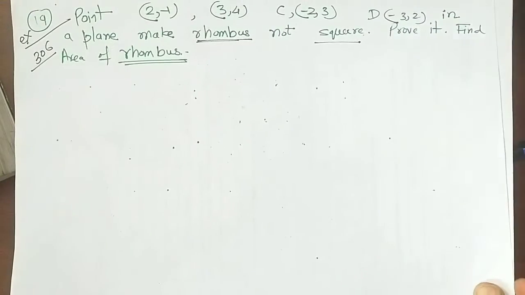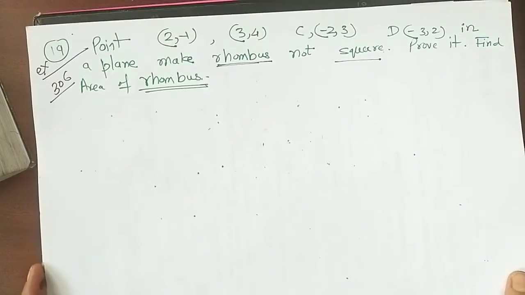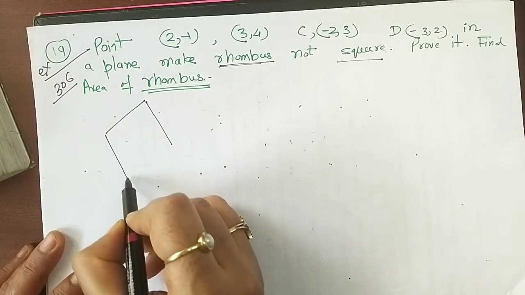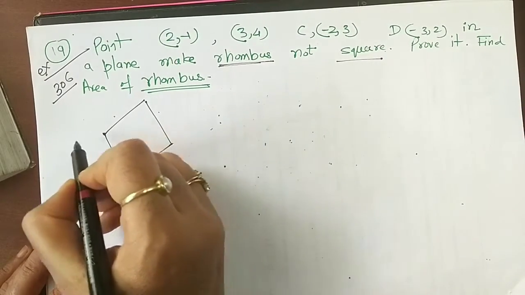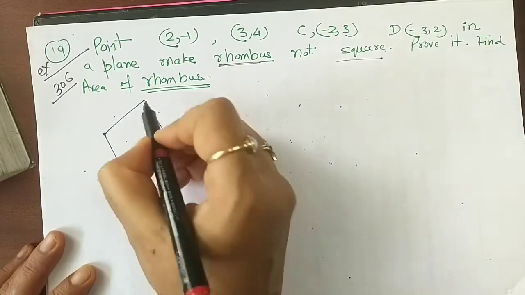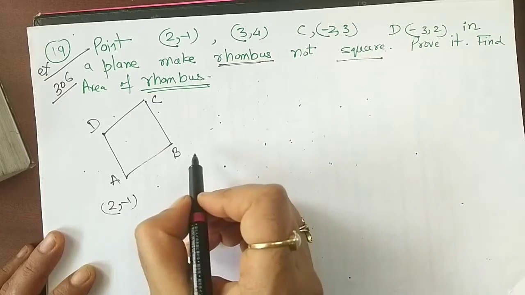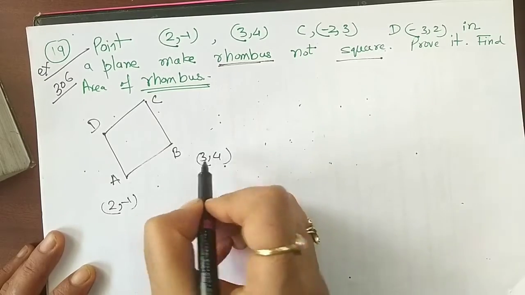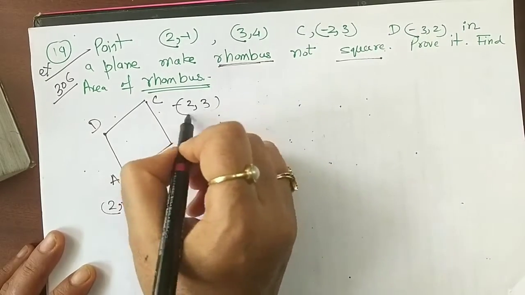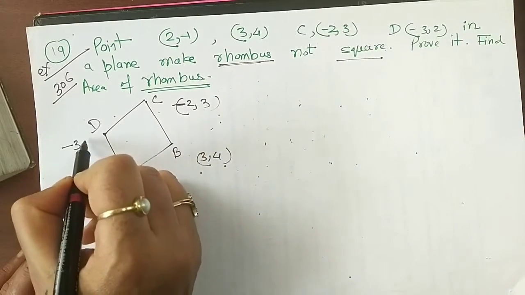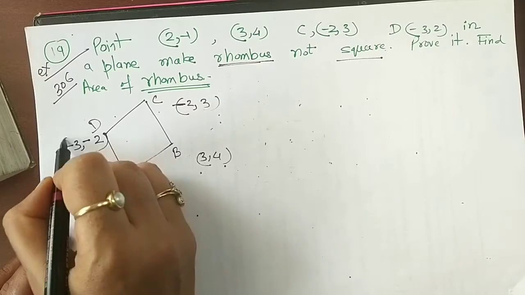So let me make a rough sketch having these points. So suppose these are my points. I'm roughly sketching my rhombus. Say this is A, B, C, D. So my A is 2 comma minus 1, B is 3 comma 4, C is minus 2 comma 3, and the fourth point is minus 3 comma minus 2.